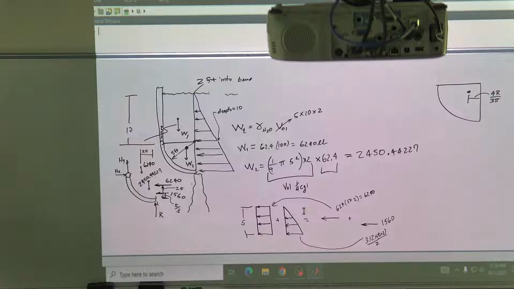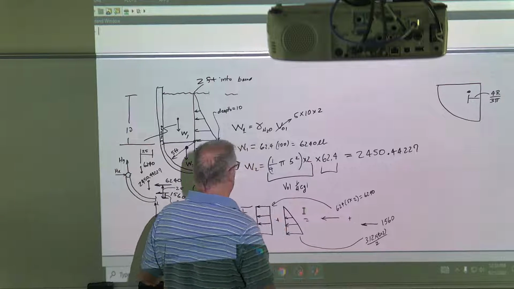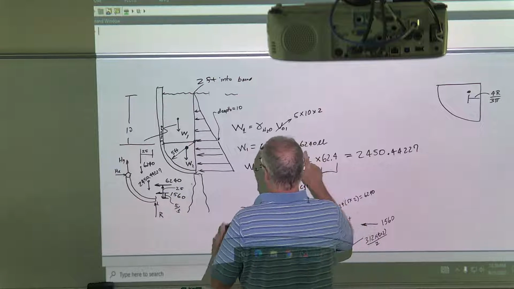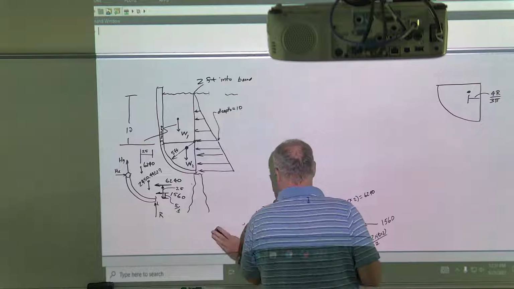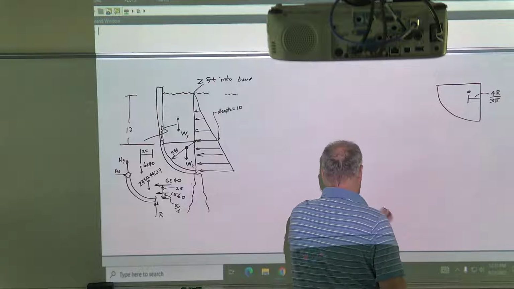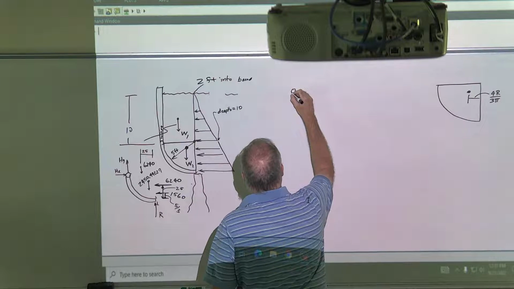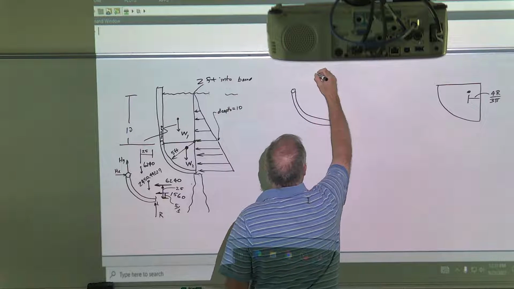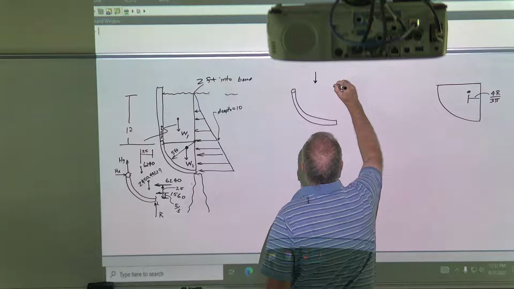So let's go back now, and what we're going to do is something really strange. Okay, so I've got everything written there. 44227. Got that. I know I've made that thing kind of tiny down there, so I'm going to try to make it a little bigger. You've got a load coming straight down. So I'm going to measure from the center here.